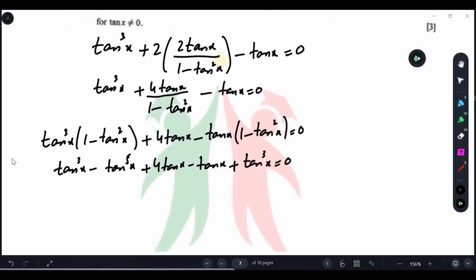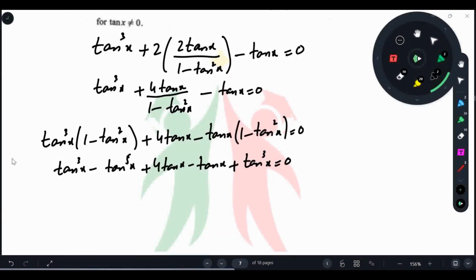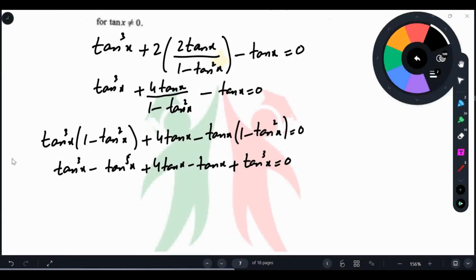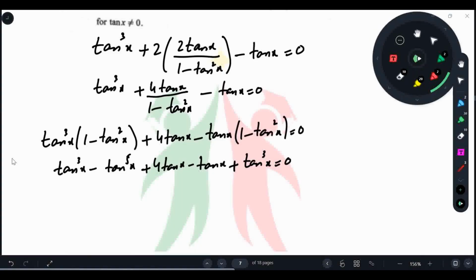Now we can simplify it, let me rearrange this one, and we can write it as minus tan 5 of x, and this one and this one will be plus 2 tan cube of x plus 3 tan of x is equal to 0.